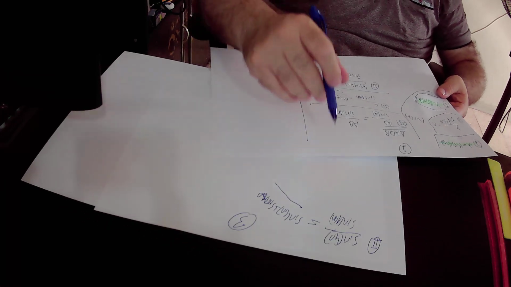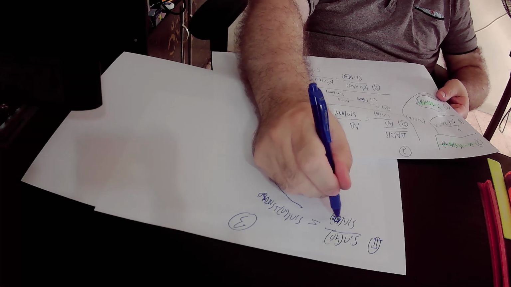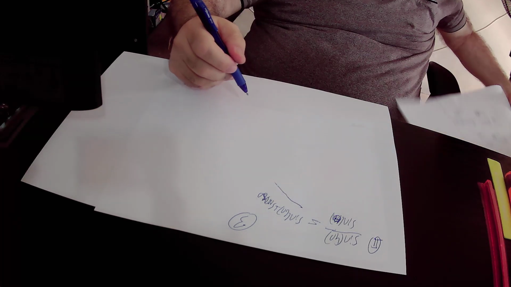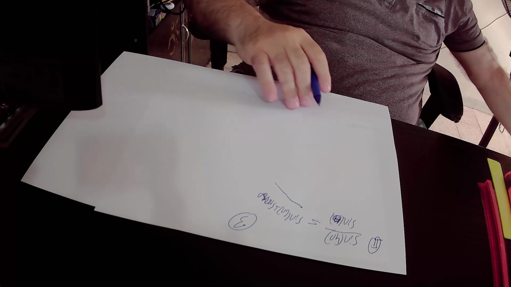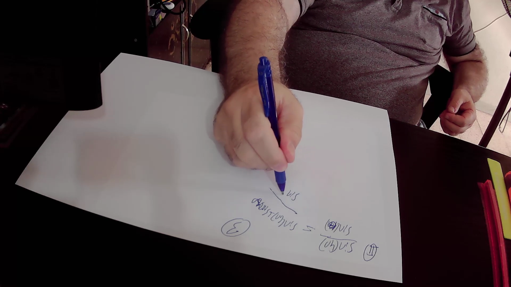So it is actually sinus 40 degrees over sinus theta, that is equal to sinus 60 degrees plus sinus 80 degrees over sinus 100 degrees.